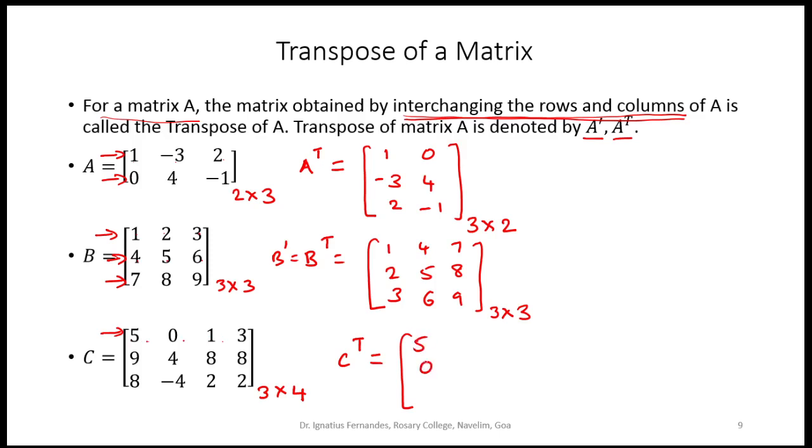Then 9 4 8 8 will be here, and 8 minus 4 2 2, that row will become a column here. The order of this is 4 rows and 3 columns. So given a matrix, this is how we write down its transpose.